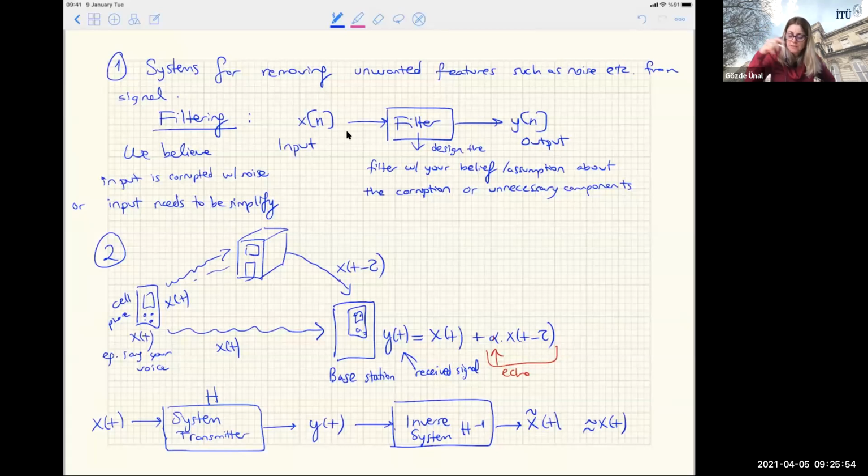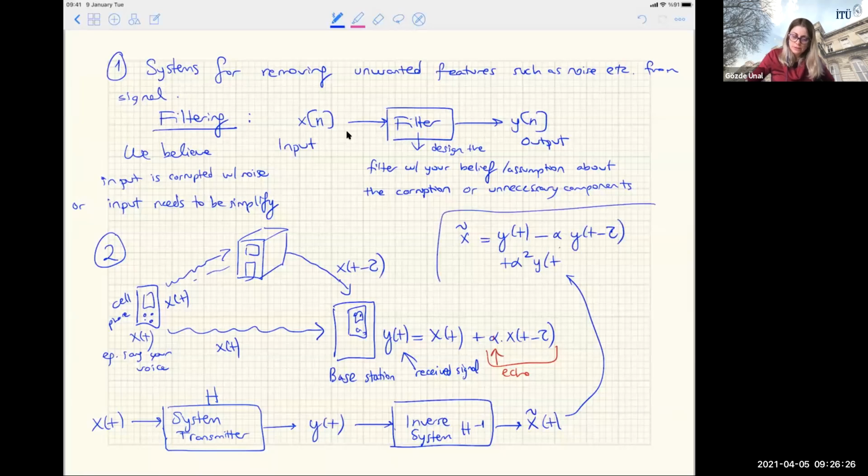Here, the inverse system takes the y of t and, as it was defined, multiplies its shifted versions by alpha and adds and subtracts them multiple times. One time shift, multiply by alpha and subtract. Then 2 times shift, multiply by alpha squared. 3 times shift, multiply by minus alpha cubed.